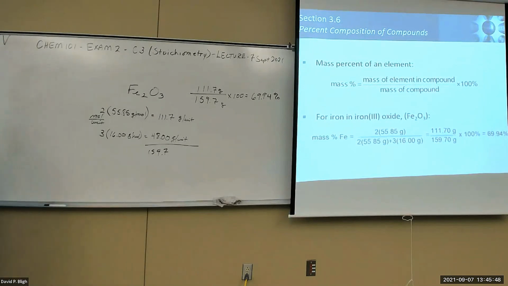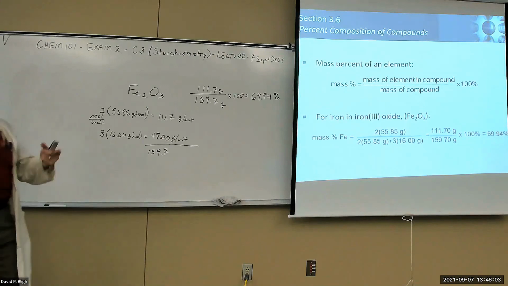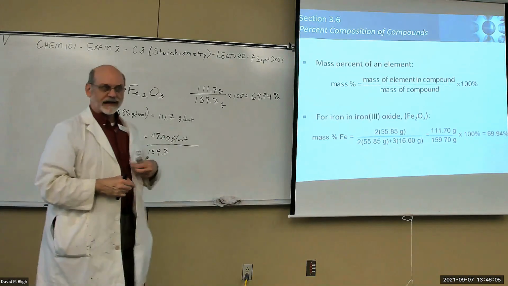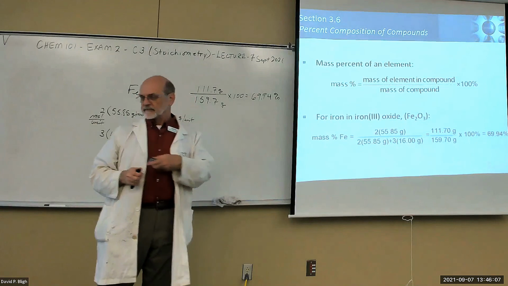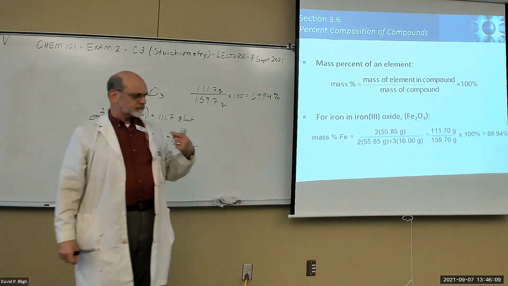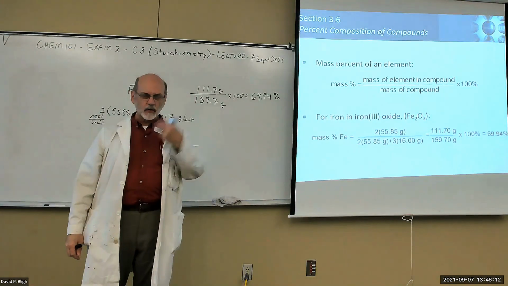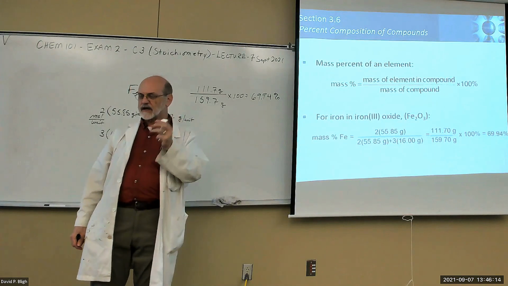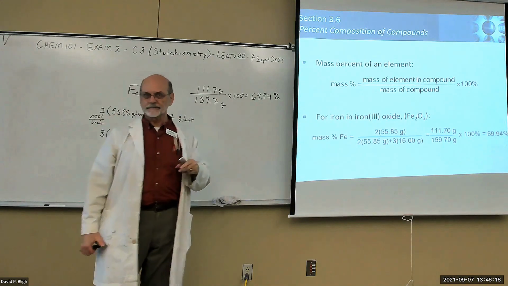Now, if you haven't thought of it already, we should be able to take percent composition information and determine the formula unit. Go backwards, right? And that's what analytical chemists do all the time. They take pure compounds and go into the lab and determine the percent composition of each element.